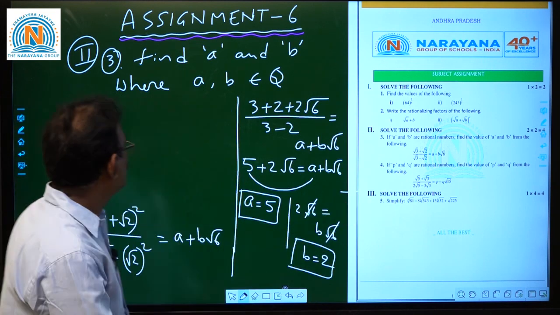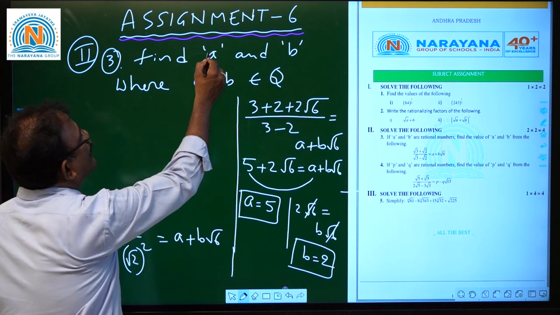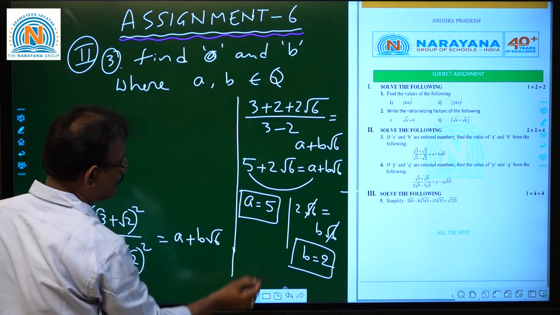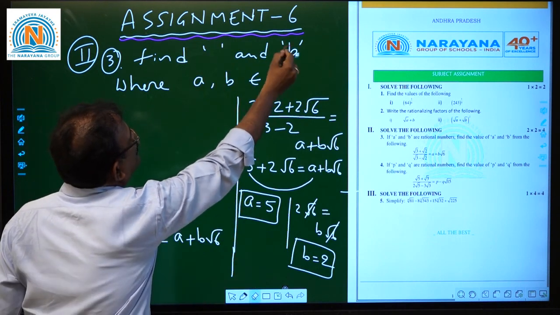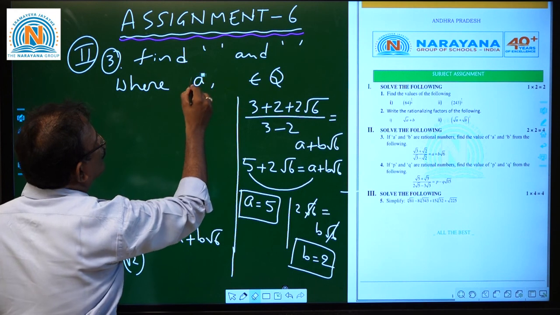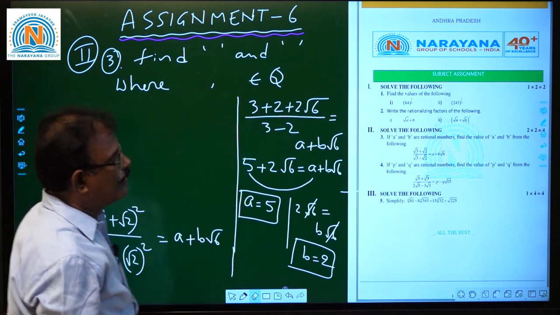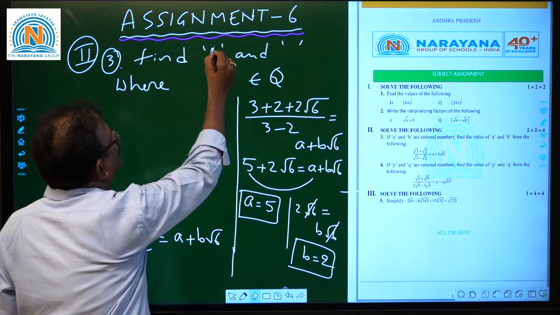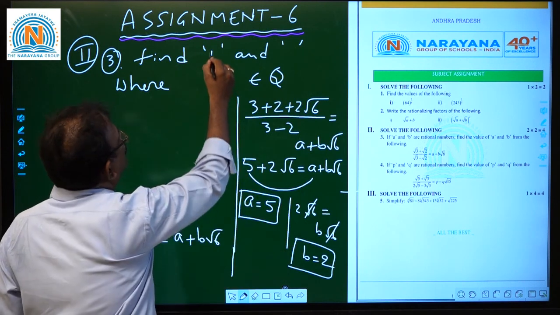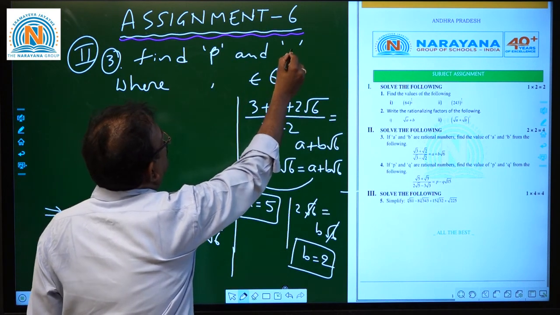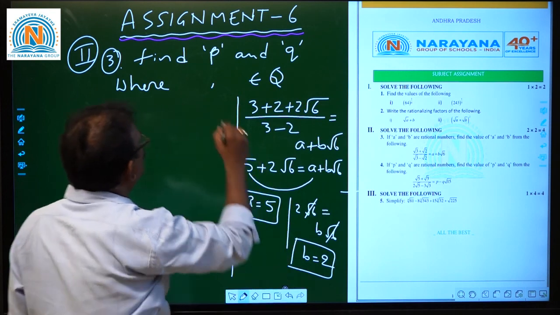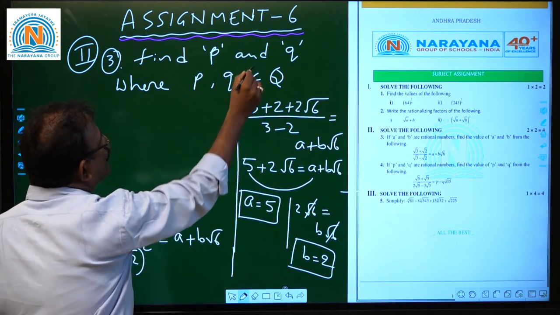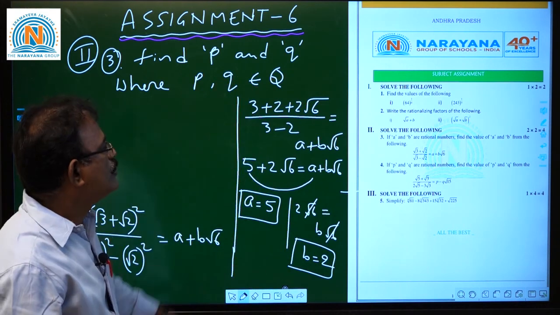Find P and Q, where P and Q are rational numbers. So what is the identity?